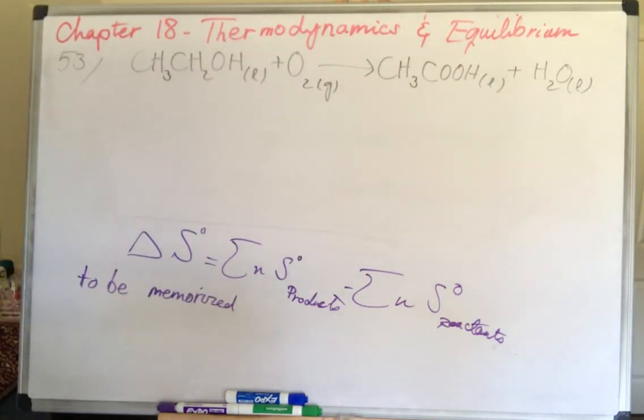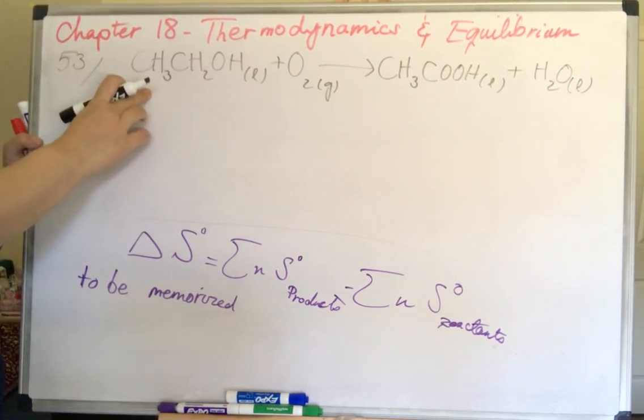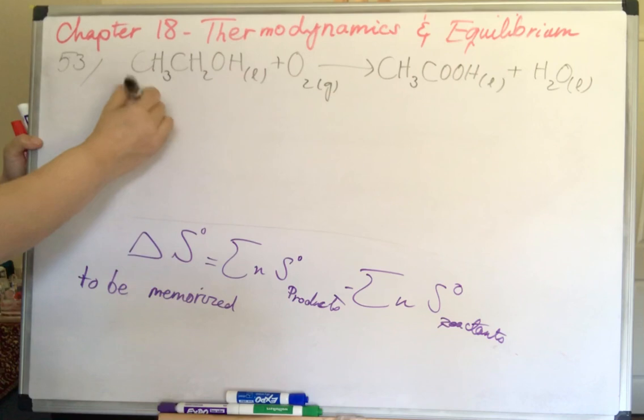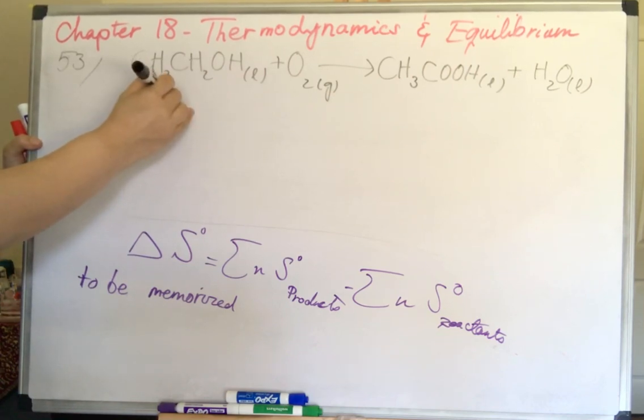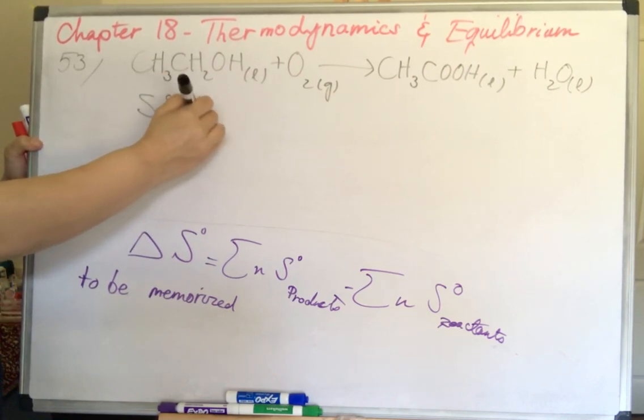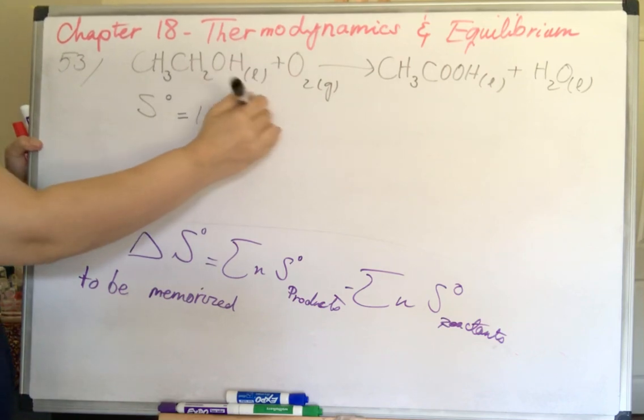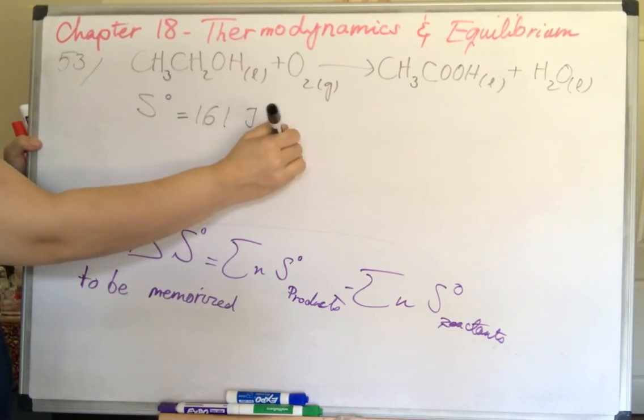The standard entropies of the substances are given. For the liquid ethanol, it's 161 joules per Kelvin mole.